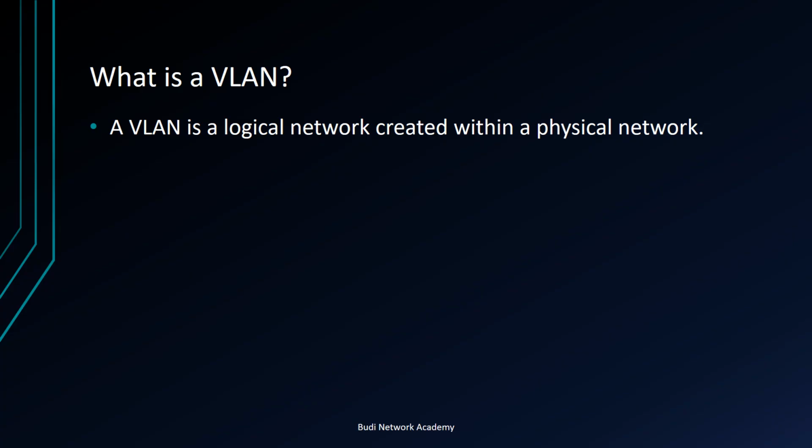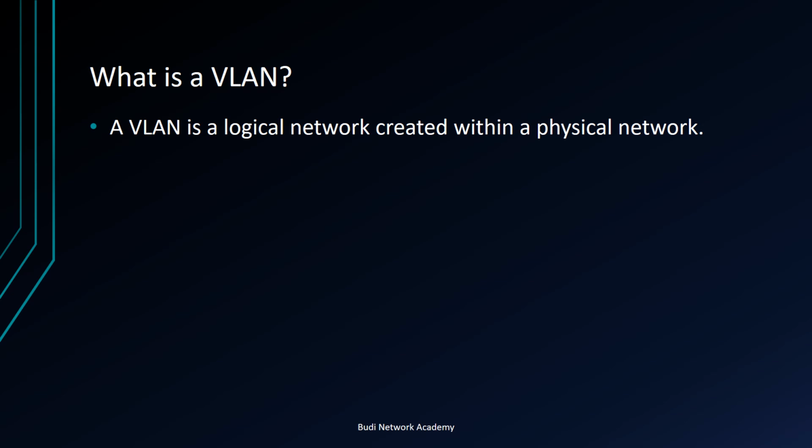So, what exactly is a VLAN? VLAN stands for Virtual Local Area Network. A VLAN is a logical network created within a physical network. Instead of putting all devices into one large network, we can divide them into different logical networks.